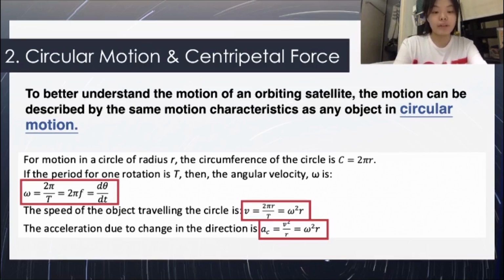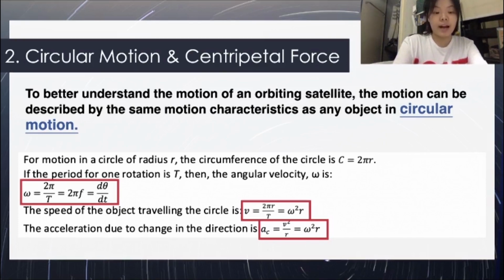If we assume the period of this rotation is T, then the angular velocity omega equals 2 pi over T, or 2 pi times f, or delta theta divided by delta t. So we can get the speed of the object traveling the circle, which is v equals 2 pi r divided by T, or omega times r.